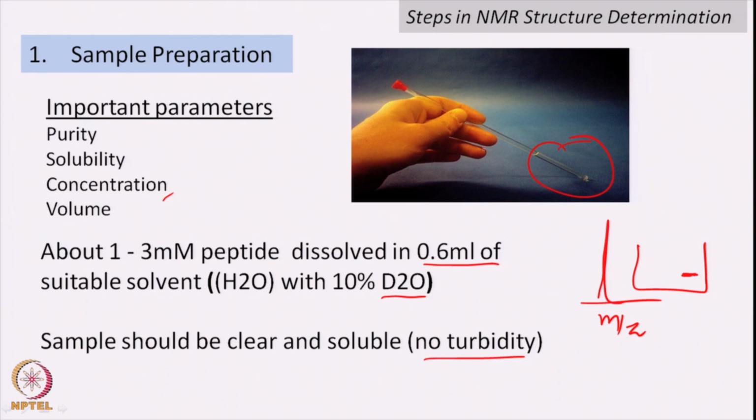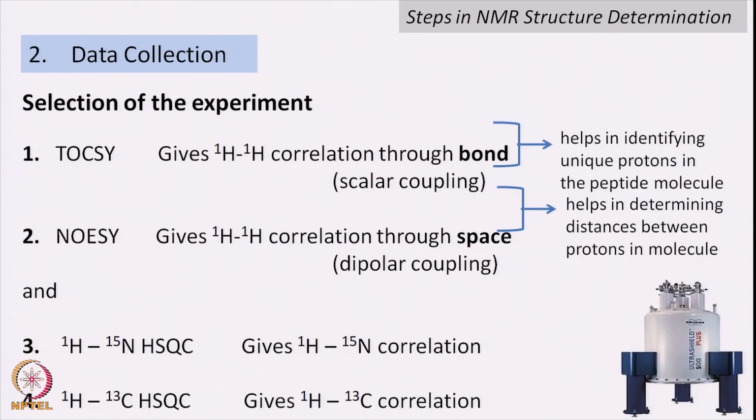If you have done this, you are ready for the experiment. The next step is recording the data. What kind of data for a peptide? You start with total correlation spectroscopy, TOCSY, where you correlate from H alpha to H beta to H gamma to H delta.